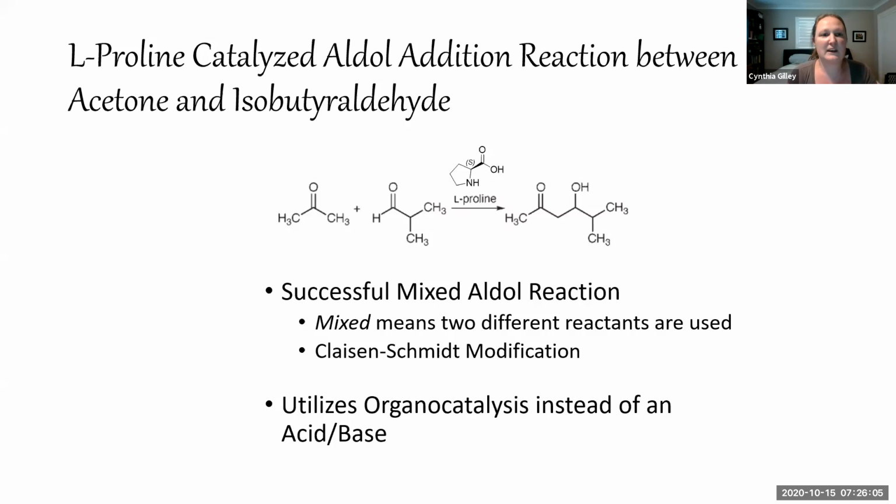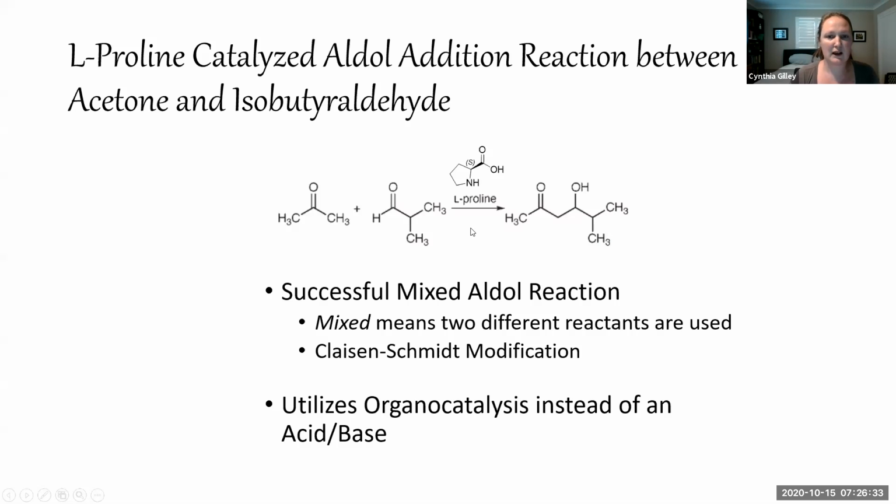Okay, so the video that you're going to watch this week involves an L-proline catalyzed aldol addition reaction between acetone and isobutyraldehyde. So here's the reaction. We have acetone, we have isobutyraldehyde, and the product of the aldol addition reaction is a beta hydroxy ketone in this particular case.